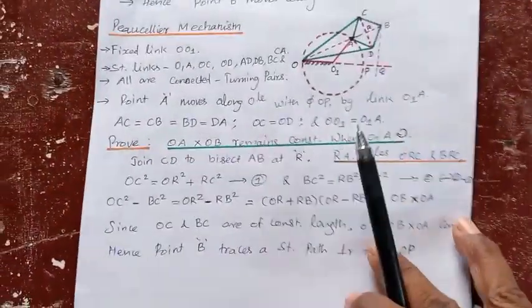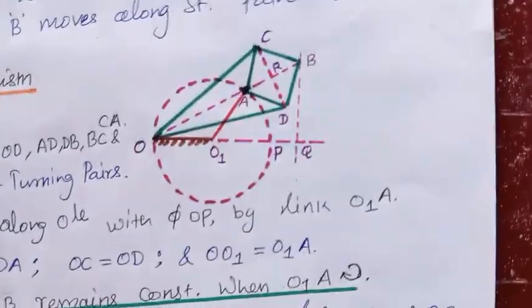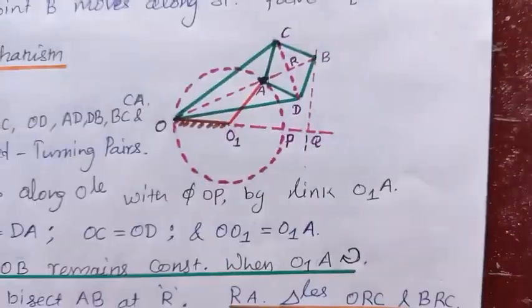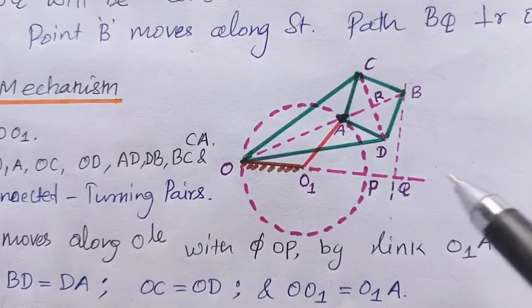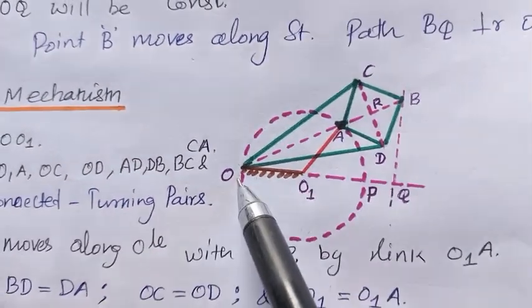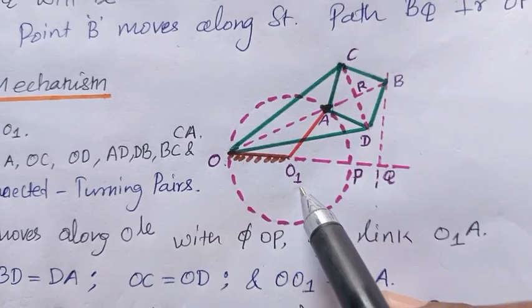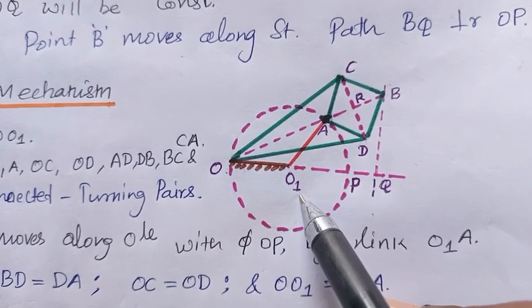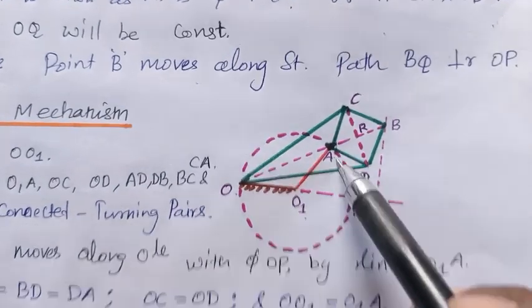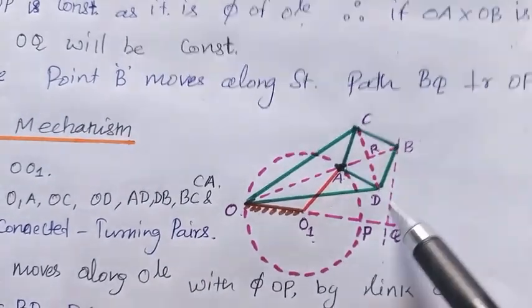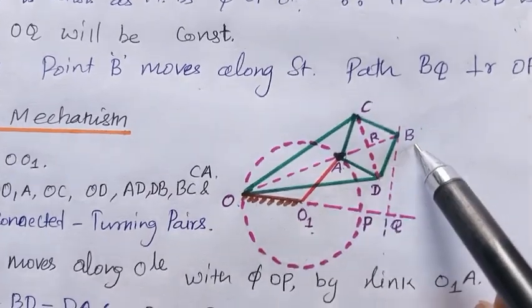So next our interesting topic is the Peaucellier mechanism. Just to see the arrangement first. The Peaucellier mechanism is also a jointed parallelogram. So O1 is a fixed link, and the other links are OC, O1A, OD, AD, BD and BC.